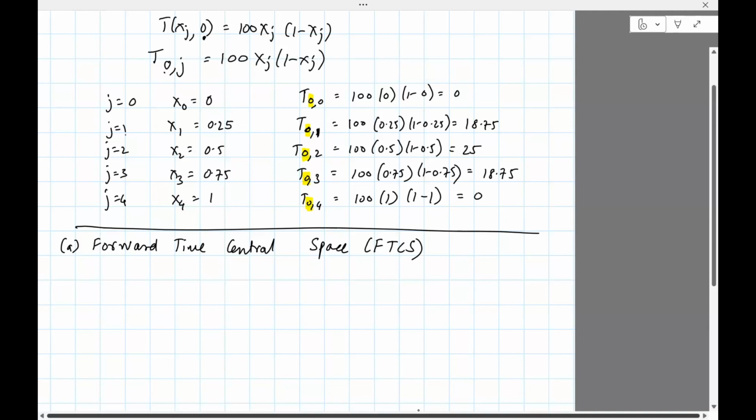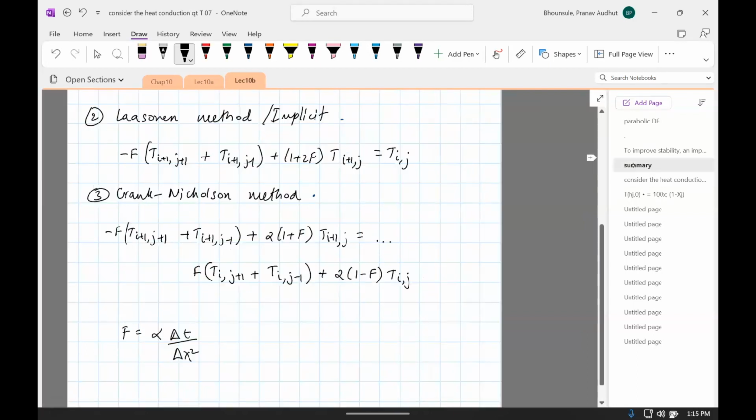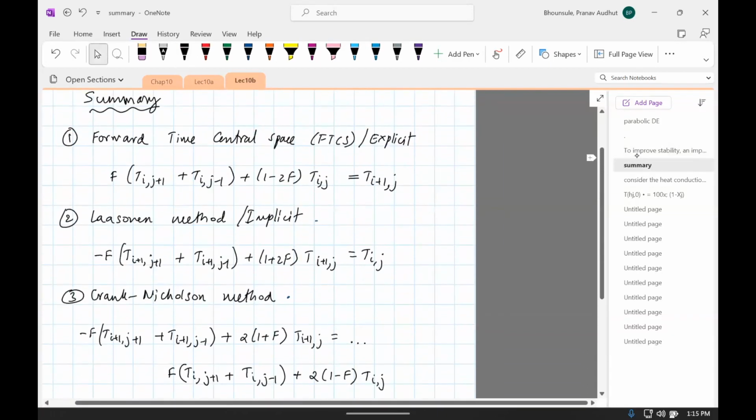Okay, so let's revisit the formula for FTCS. This is basically going back to the notes. I've summarized all the formulas here, so it's basically this formula which I'll copy.